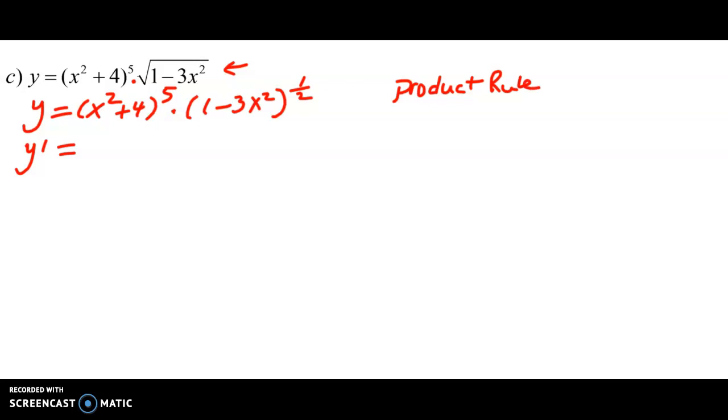So the product rule says keep the first function and multiply it by the derivative of the second function. Now when we calculate the derivative of the second function, which is this one right here, we notice that we have to use chain rule because we have a composition of two functions.